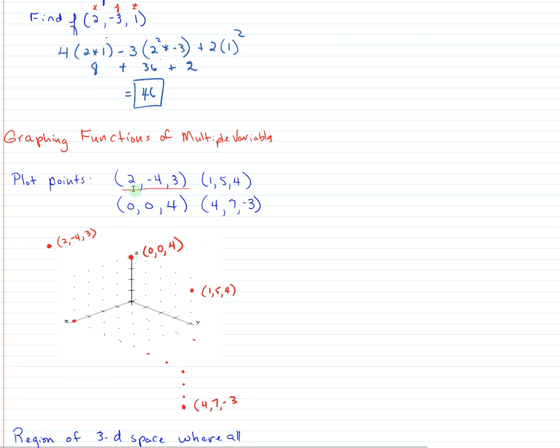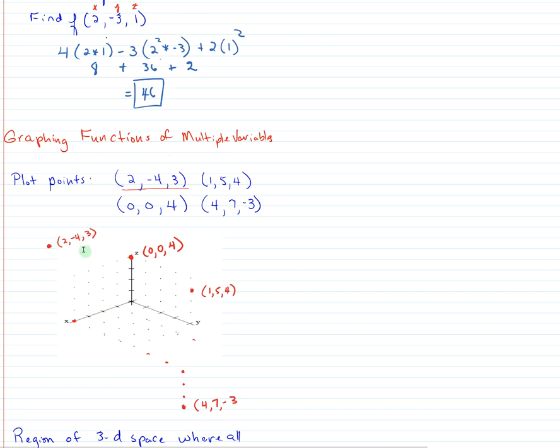So when you're asked to plot 2, negative 4, 3, start with the 2. So we're coming down here, and for this point, we went positive 2 on the X, then the Y is negative 4. So we're going to go 1, 2, 3, 4. We're about here. And then positive 3 on the Z means up 1, 2, 3.